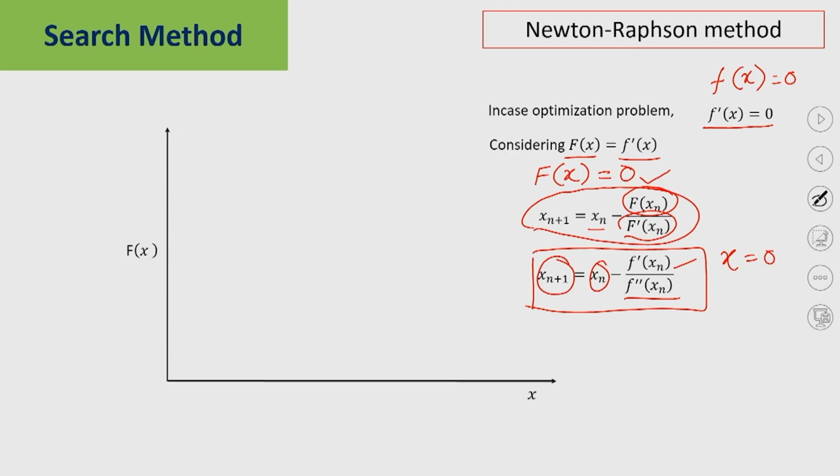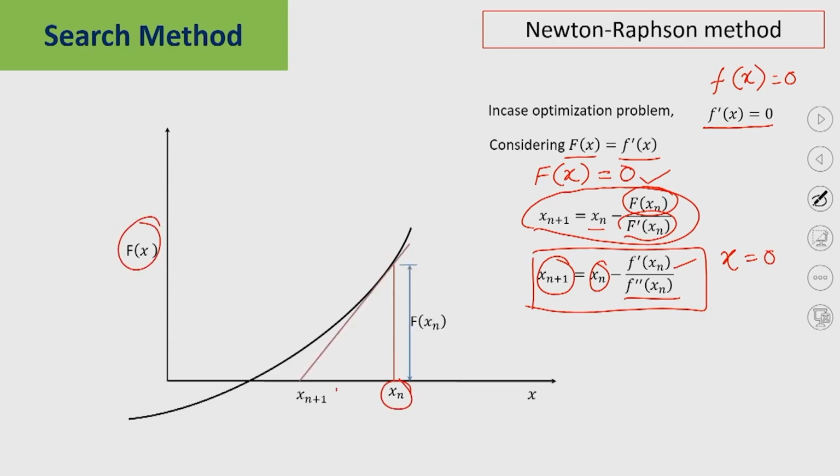So, this is your Newton-Raphson method, and I can find the root of the capital F(x) function, and that will be the optimal solution of the original function. This is your capital F(x), and this is the starting point; I will approximate x_{n+1}, and then x_{n+2}.